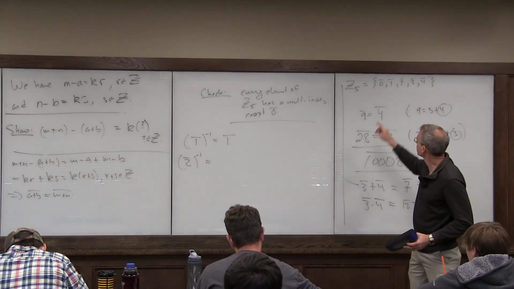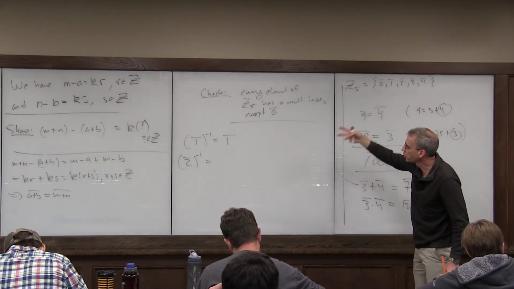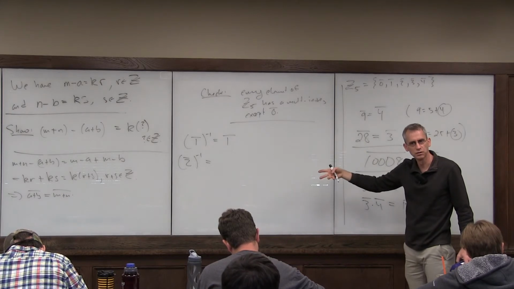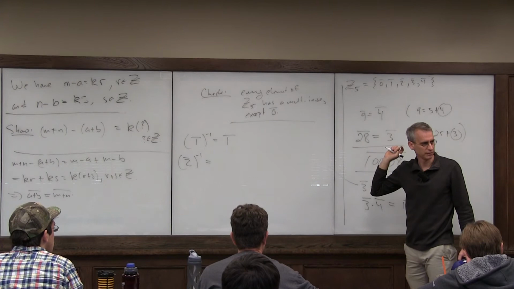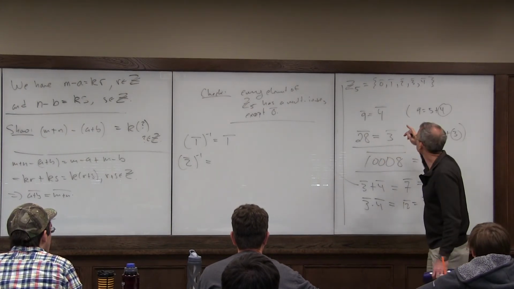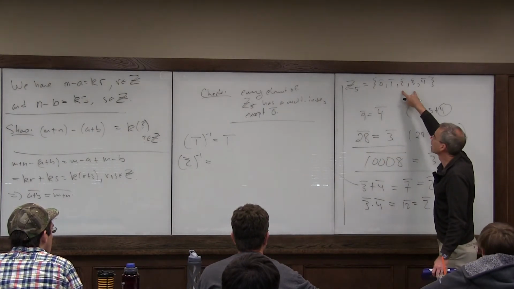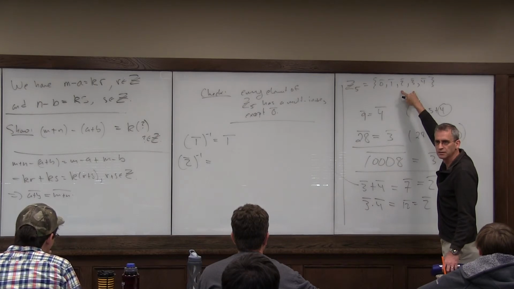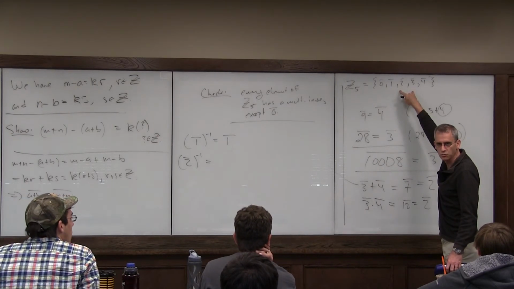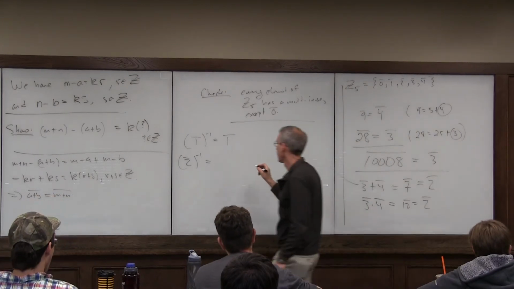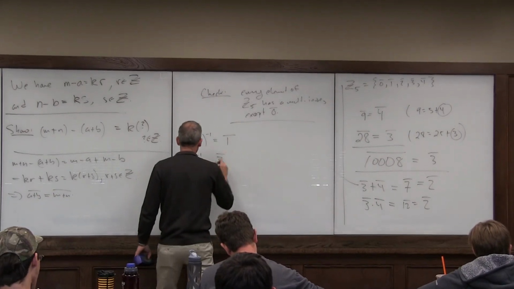So we need something in here which when we multiply it by 2, we get 1 bar. So you can just go through and check what's 2 times 3. 6 bar, which is 1 bar. Done. Okay? So that equals 3 bar.